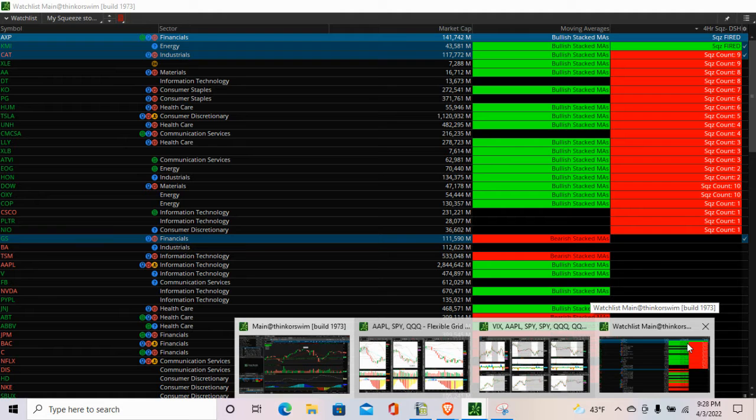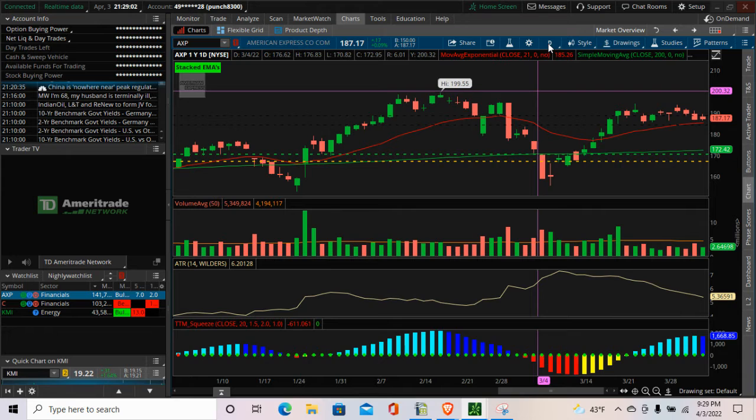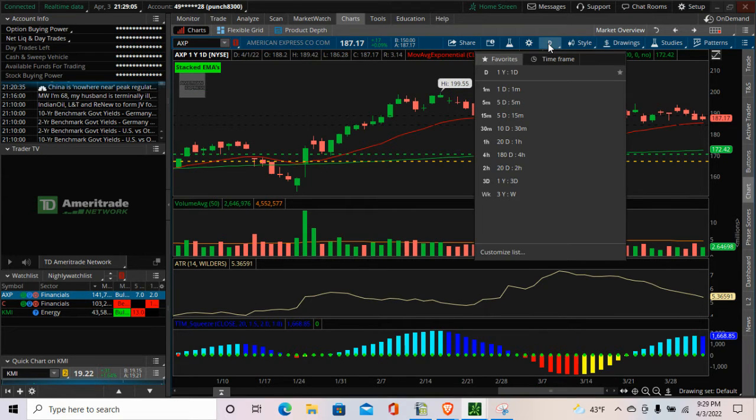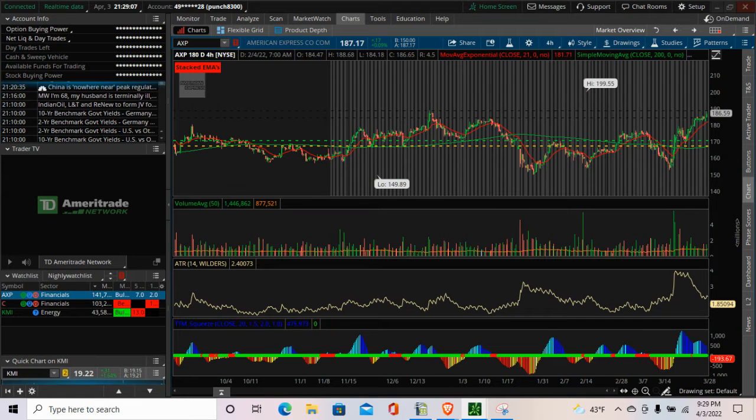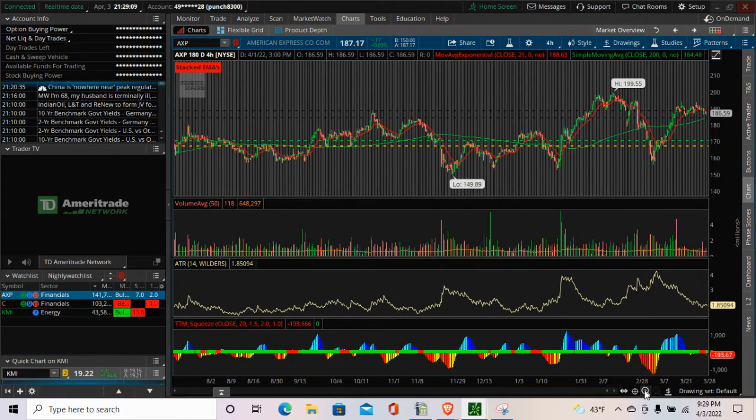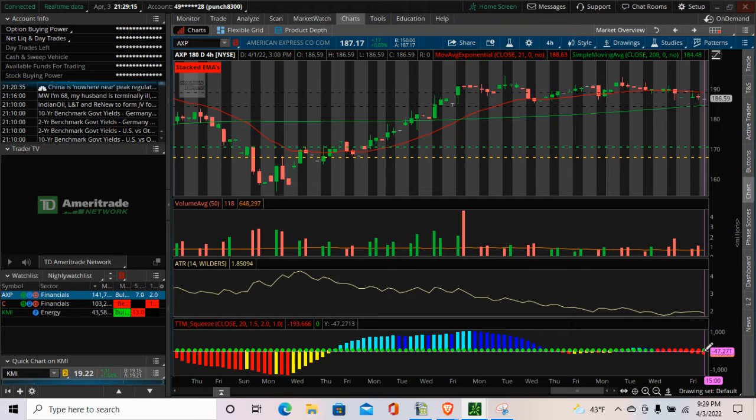Let's see, hold on, sorry, 4 hour chart. So you can see where it's squeezing, and it's got that first setup that's fired, or first 4 hour mark that's fired.